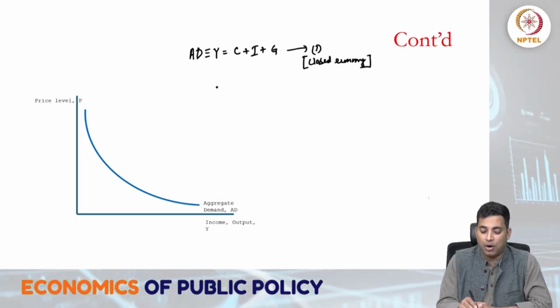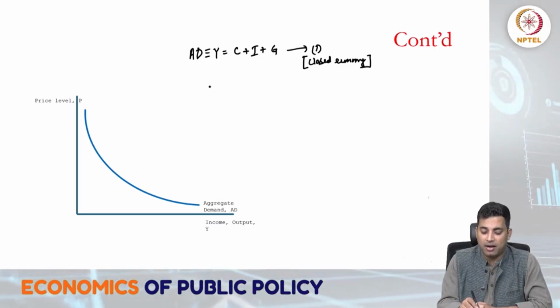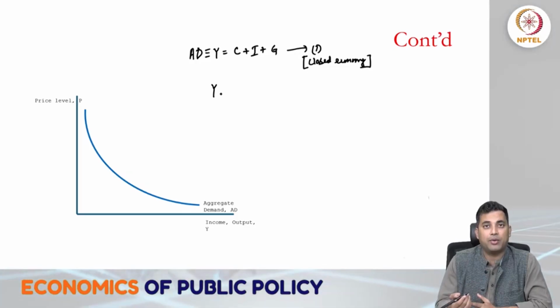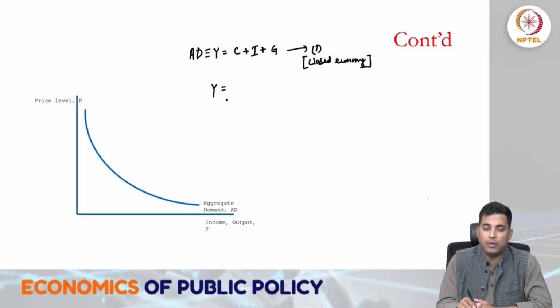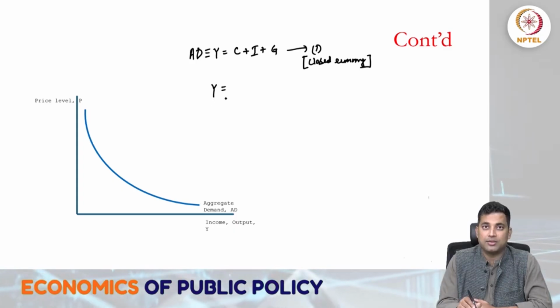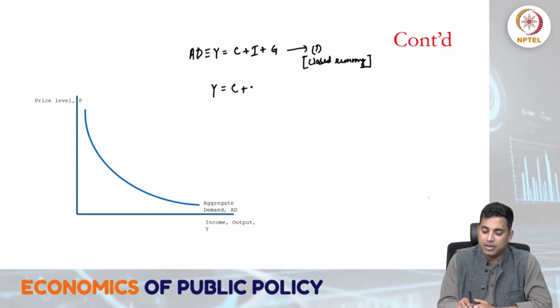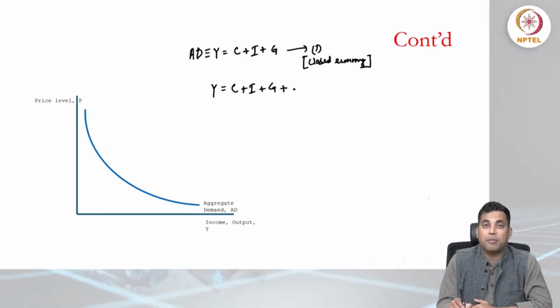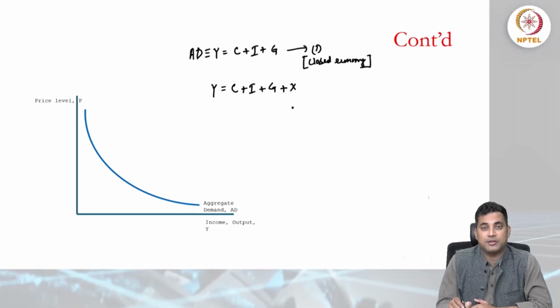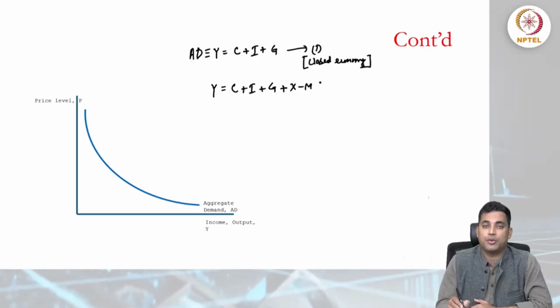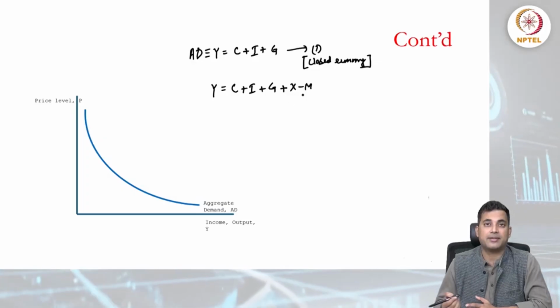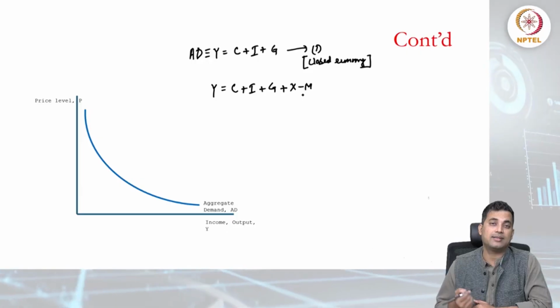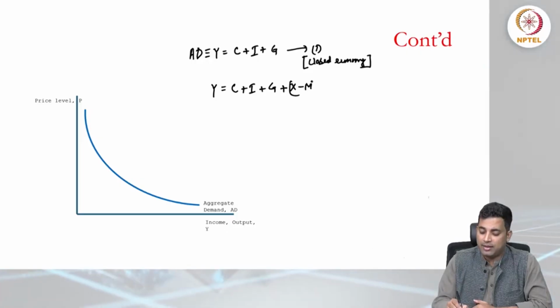In the case of the open economy, the grand macroeconomic equation is Y, which is total output, equals consumption expenditure C plus investment expenditure I plus government expenditure G, plus exports minus imports, which is X minus M, the net exports.